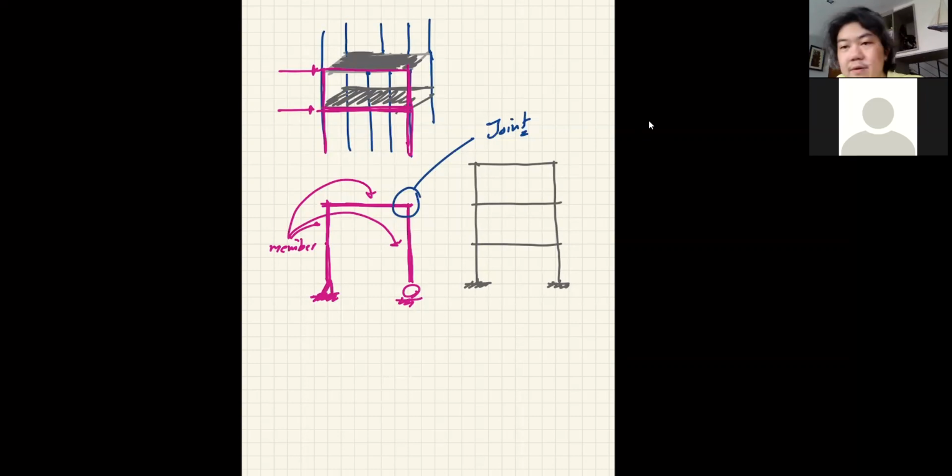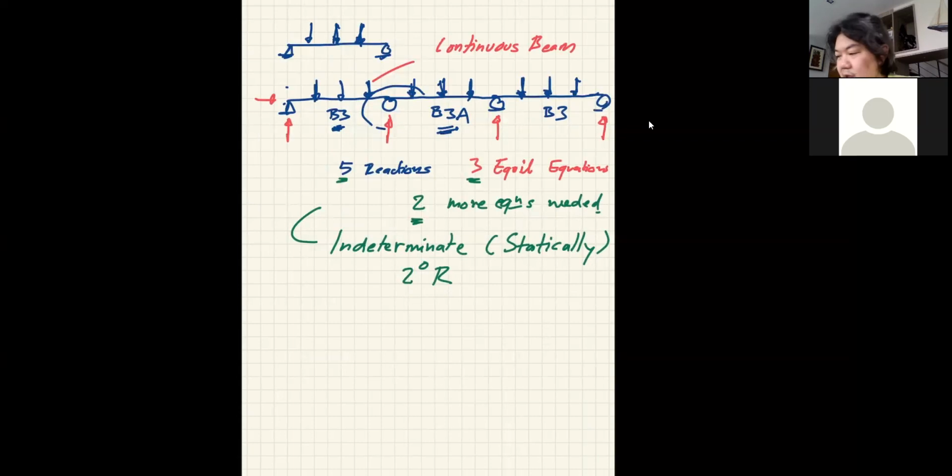This joint generally is called a rigid joint. Now this member is just like one beam. This is one beam, this is another beam. But the difference between this and what you have here: right here is also a rigid joint, but at this joint, it is also a support. So there is an unknown force coming from the support.